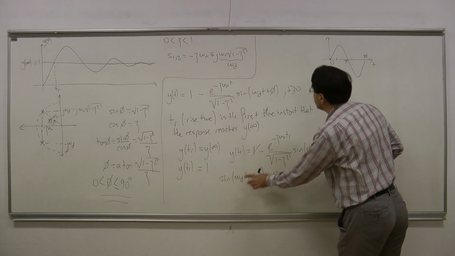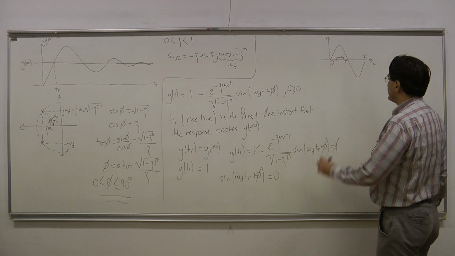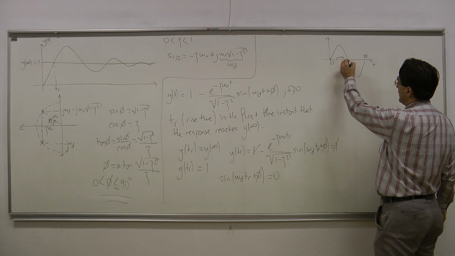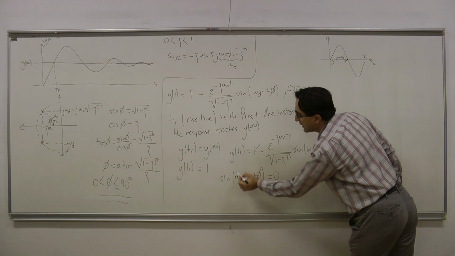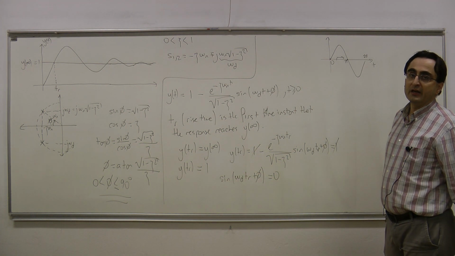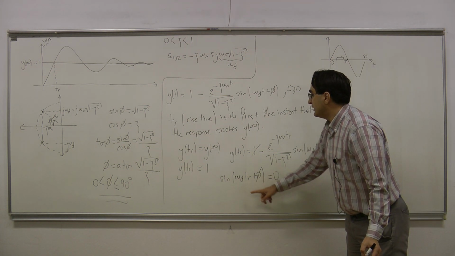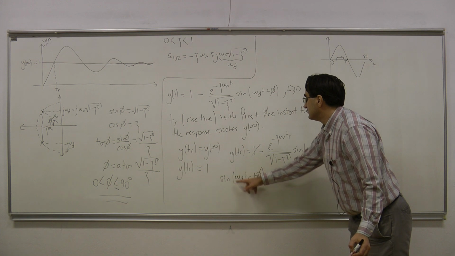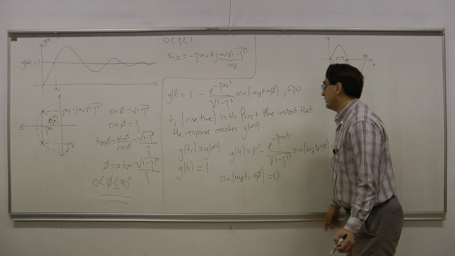As t increases, we move this way. The first time we hit sine equals 0 is when the angle of the sine is equal to pi, or 180 degrees. That means tr gives me an angle inside the sine equal to pi.